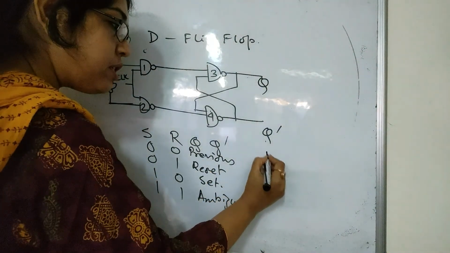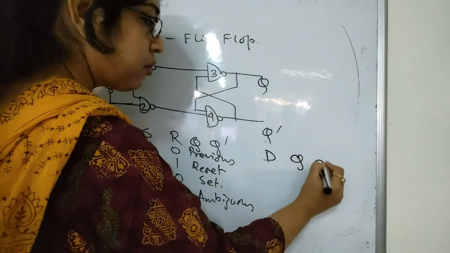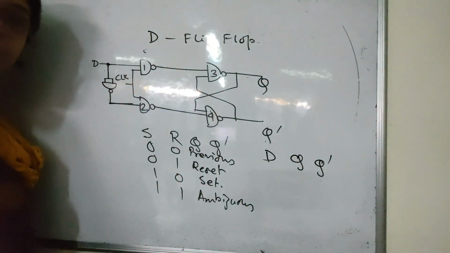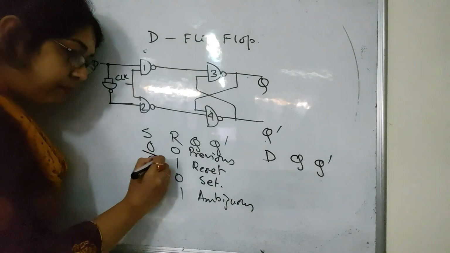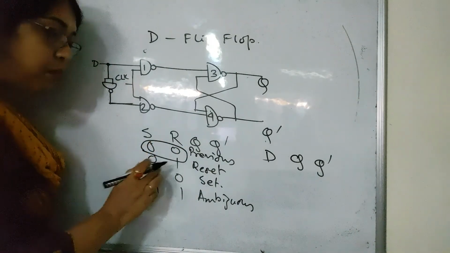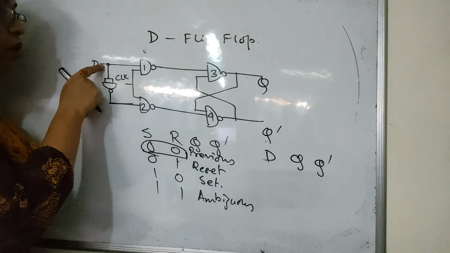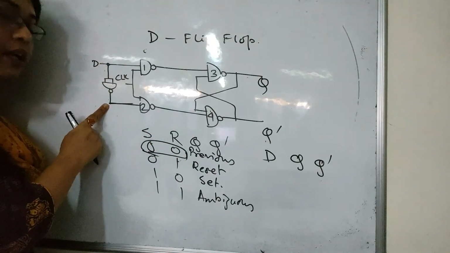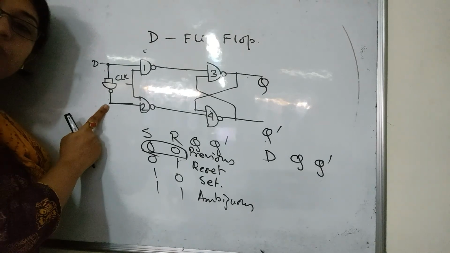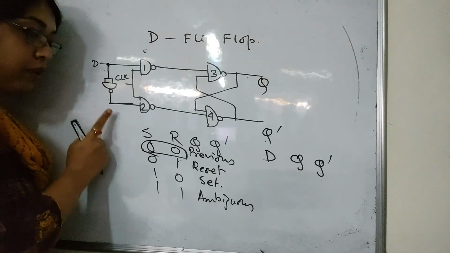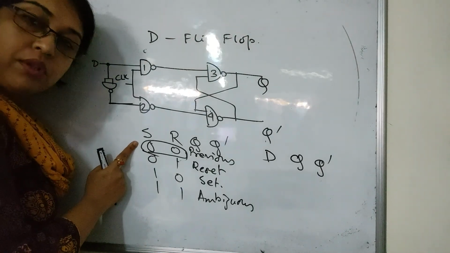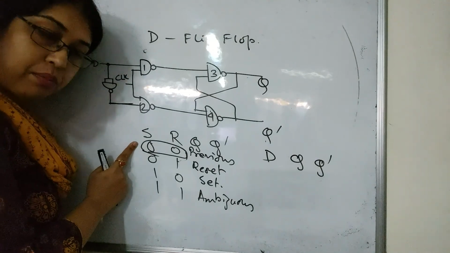In case of D flip-flop, this 0, 0 state is not possible, because the line has been NOTed and put as the second input. So the 0, 0 input is not possible.